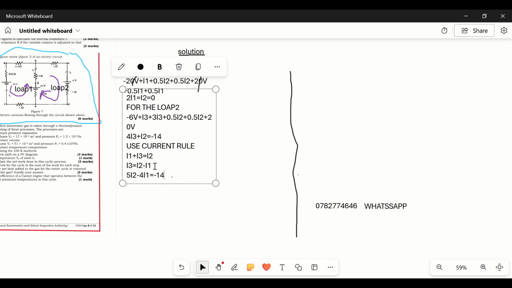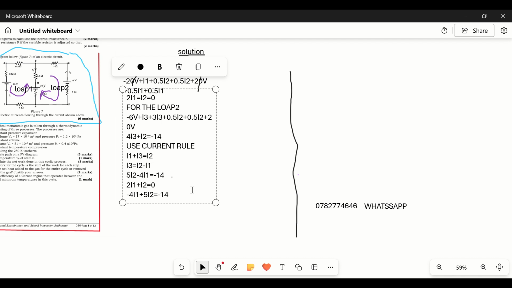After getting this, we can make a simultaneous equation, as the first equation was 2I1 plus I2 equals 0, and the other is negative 4I1 plus 5I2, which will be equal to negative 14.